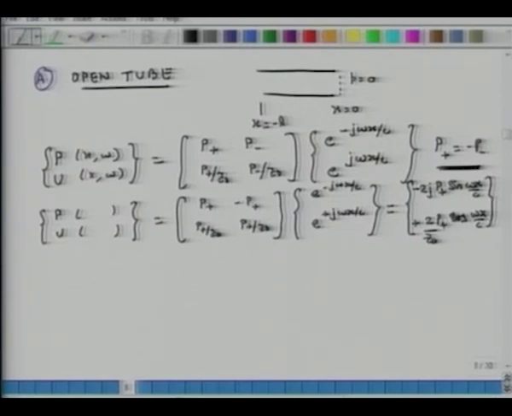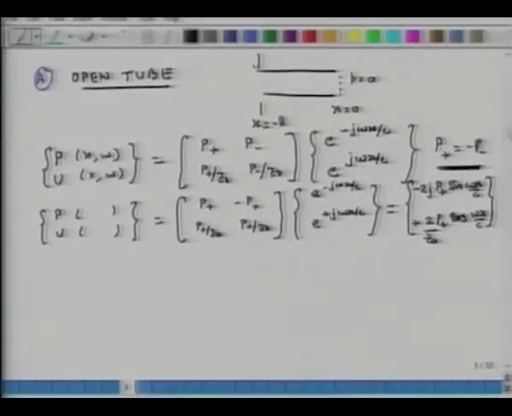So what we are interested in is developing an expression for the impedance of the tube at x equals minus L, as we are looking into the tube.